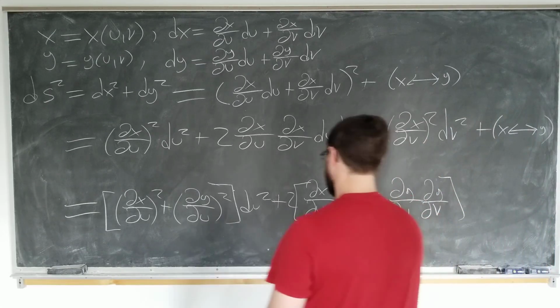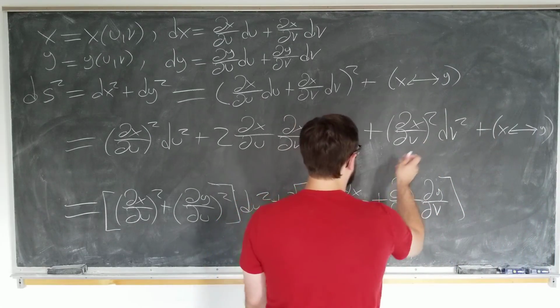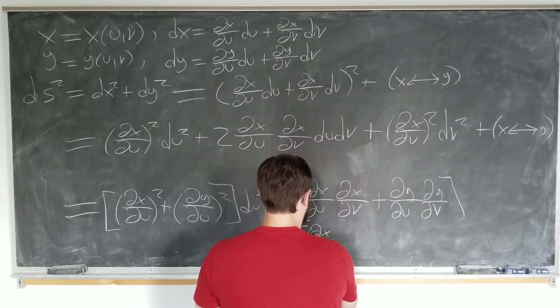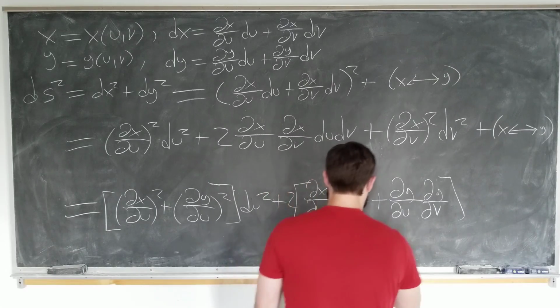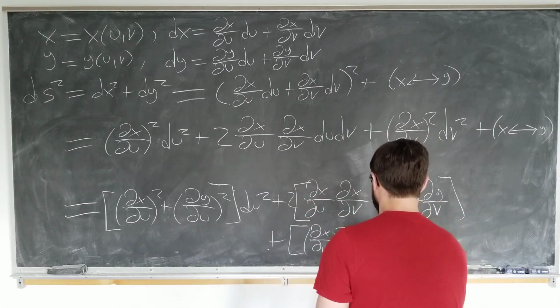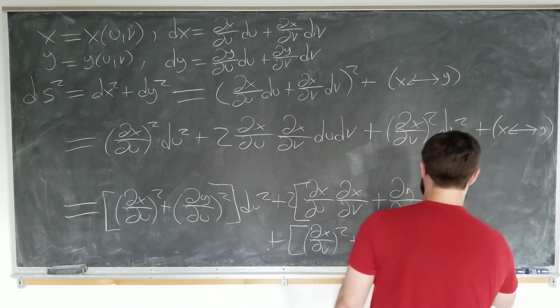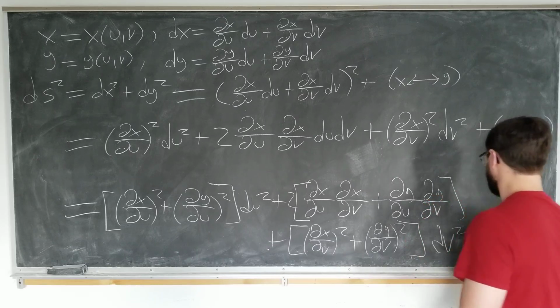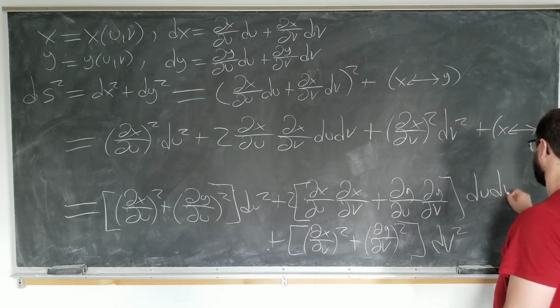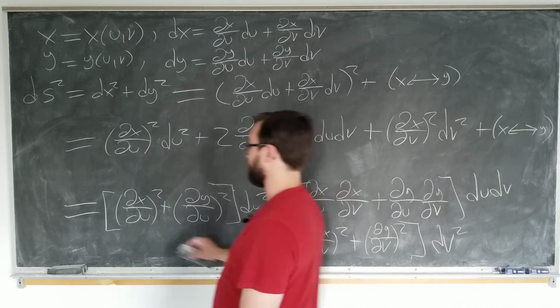Got one more term, the v terms, x by v squared plus y by v squared dv squared. Sorry, I forgot the du dv here. Okay, this is our final answer.